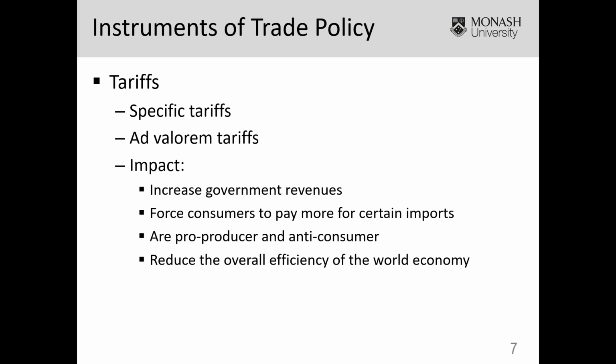However, and the reason I'm repeating this is that if you go and look at tariffs on YouTube as you work through this assignment, you will see Donald Trump saying over and over again that the tariffs he put on Chinese goods are paid for by China, when in reality they are paid for by the consumers of the importing country.